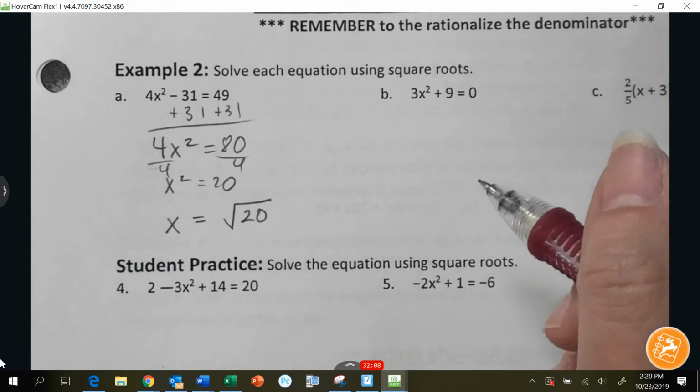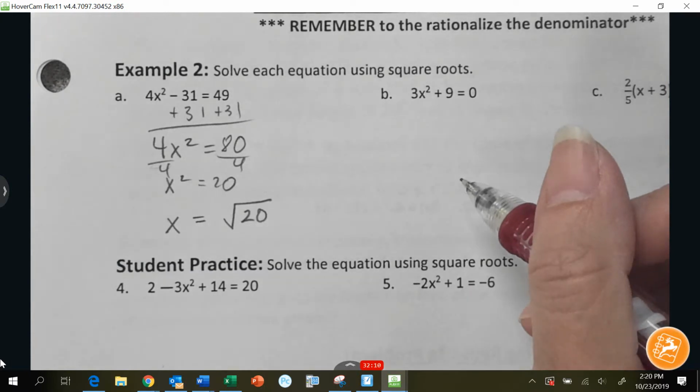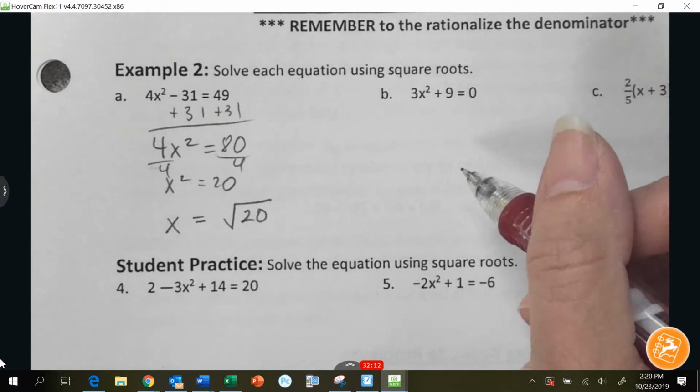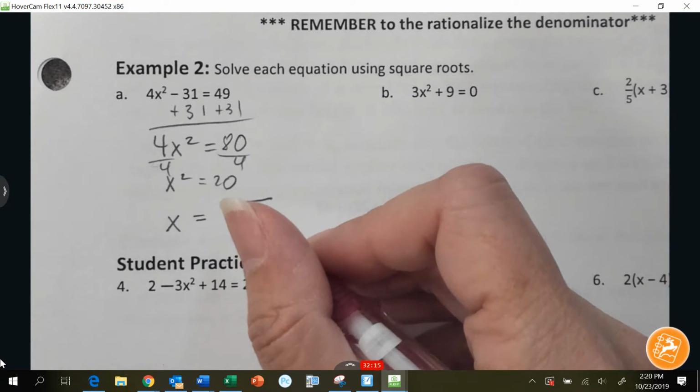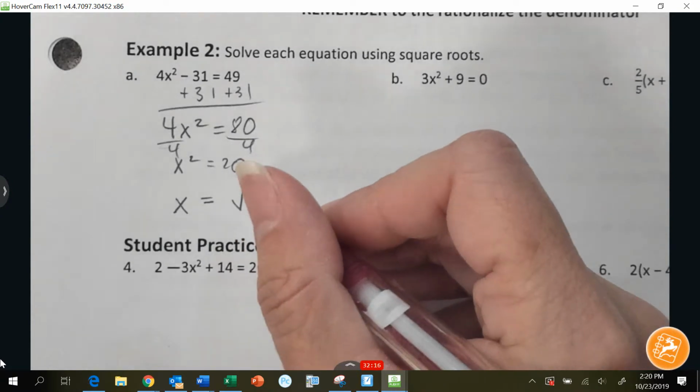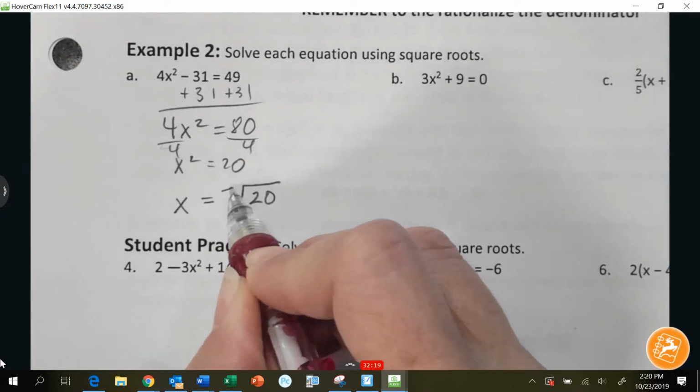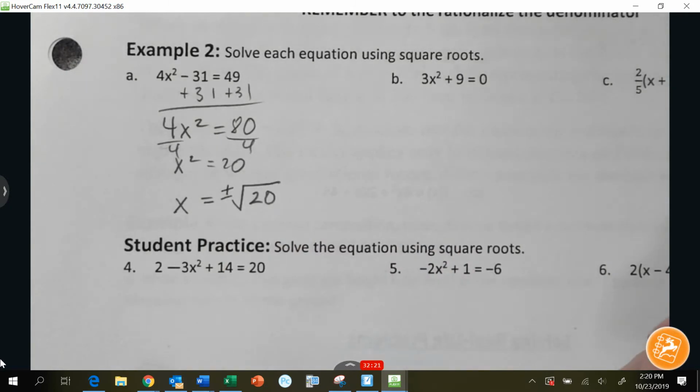If you square root, there are 2 answers, a positive and a negative answer. And that's going to come up about 400,000 more times in this year.